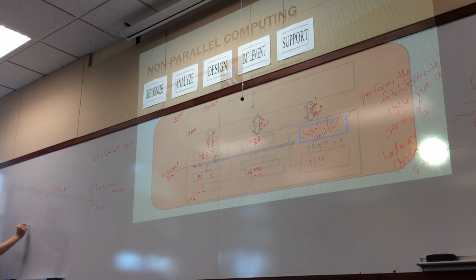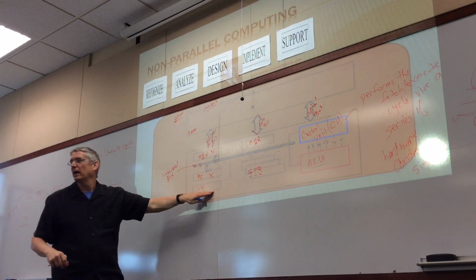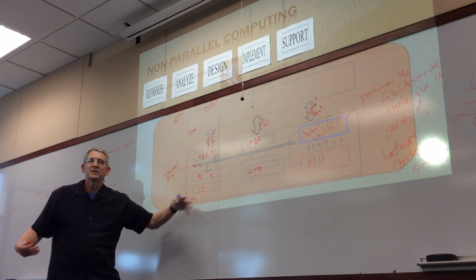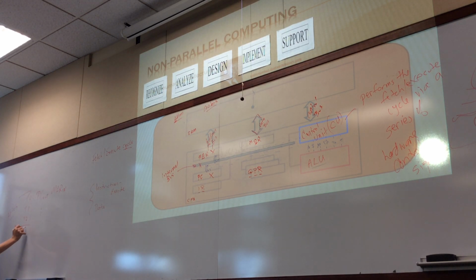So I might have it take 3 time slices with 3 series of signals that actually would allow me to get the next instruction into the IR. That's part of the fetch cycle. And then once it's in the IR, it's going to vary, but then there's going to be a given number of other signals, I'll just say n, that are necessary to actually perform the execute. Okay. And then when the execute's done, it goes back and does the fetch again.